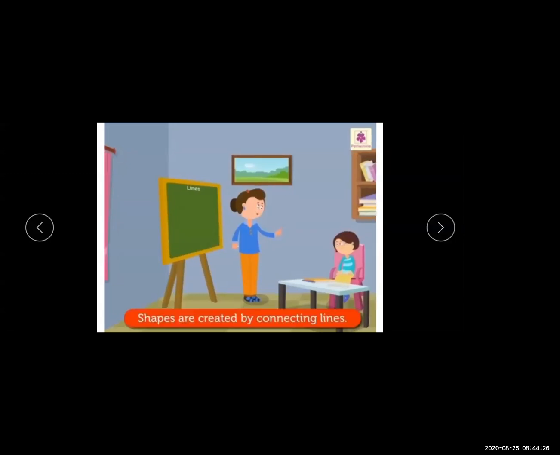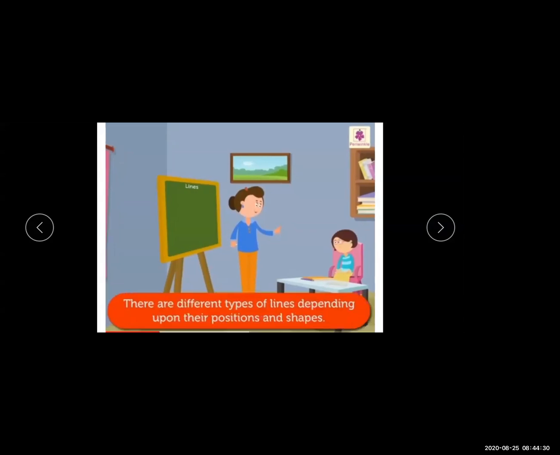See students. Now we will go at Aisha's home. Today her mother is teaching her a new topic. So let's join them. Aisha, did you know shapes are created by connecting lines? There are different types of lines depending upon their position and shapes.